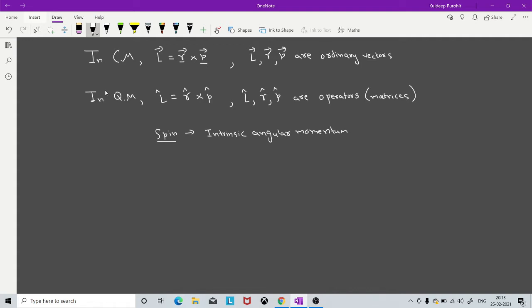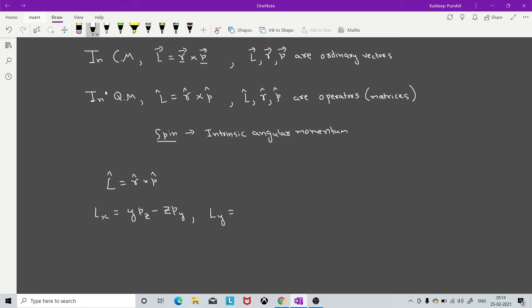Since L is equal to R cross P, if I write the x component of the angular momentum operator, it will be y pz minus z py.